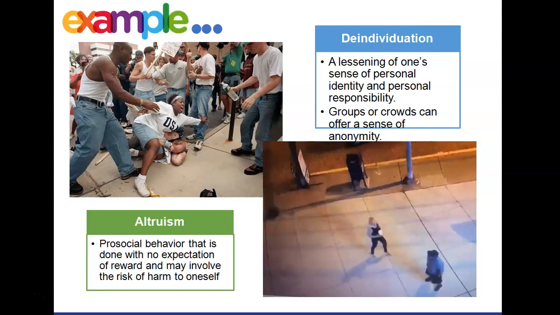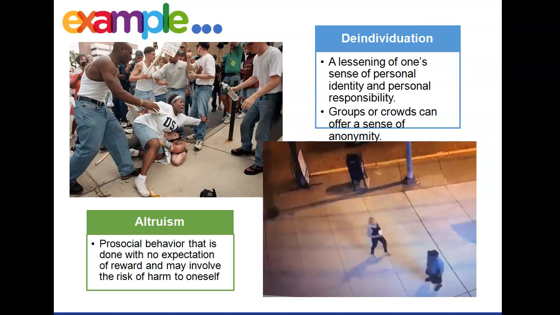And we see certain things when we look at this idea of prosocial and antisocial behavior. So we have altruism, which is prosocial. It's when people are sometimes risking their own safety for someone else. They're going above and beyond to help your fellow man, your fellow woman. And sometimes to no reward. You get nothing from it, but you are doing it just to help out society, to do the right thing.